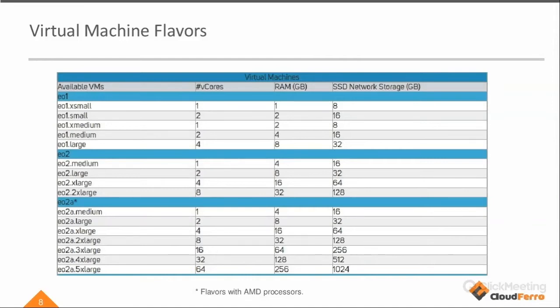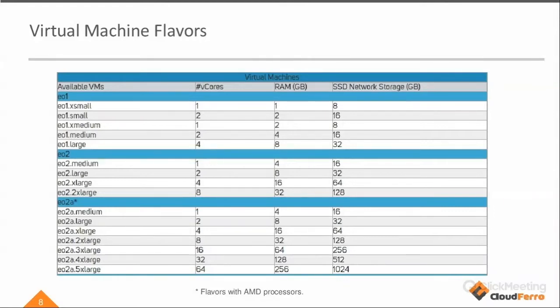All of the virtual machines have built-in access to the Earth observation data repository. So when you access your virtual machine in the cloud environment, you have a folder with the data sets of all of the Copernicus program data sets.